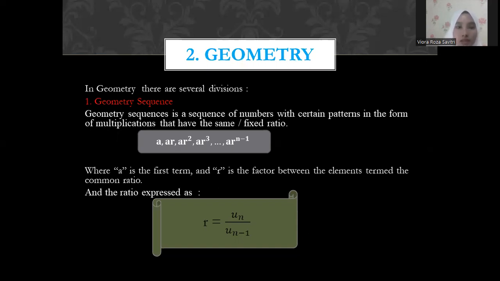The ratio is expressed as r is equal to un over un minus 1.